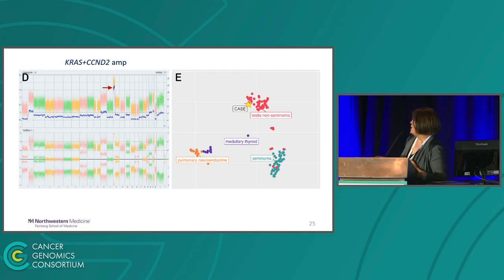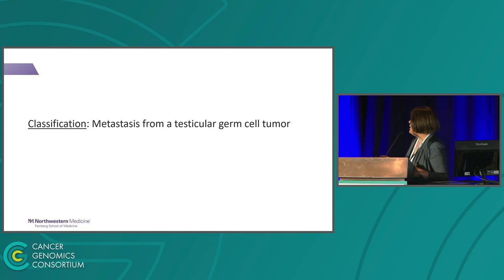And you see this is, again, a tetraploid genome with a lot of complexity, but with amplification of 12p. Those who analyze a lot of germ cell tumors as well as breast cancer tumors recognize this, I'm sure, amplification, which encompasses KRAS and CCND2. So that really helped to describe it as a metastasis of a testicular germ cell tumor for this patient.